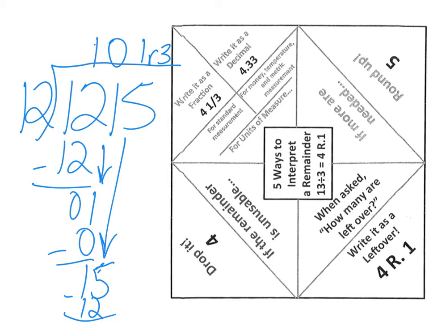If you look at the top right, it says if more are needed, round up. I always tell my students there's a classic problem that goes with that one, and a lot of students probably hear it and practice it in 4th grade. Maybe you are going on a trip and you need so many buses to take people somewhere, and you're sitting there thinking, I've got to get so many buses to take all these people.